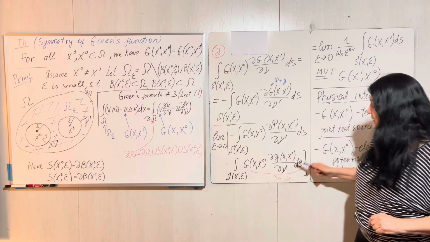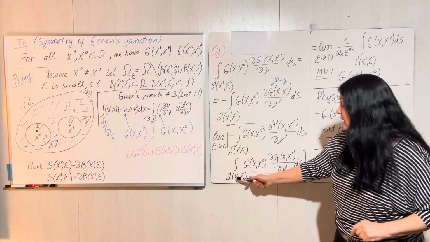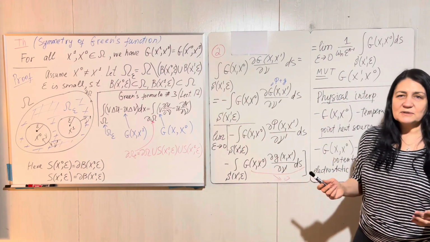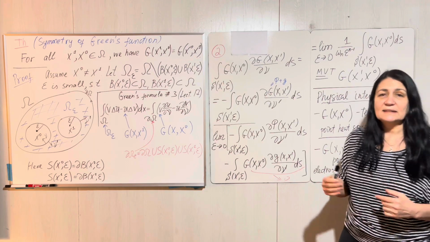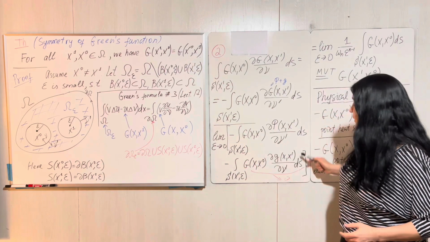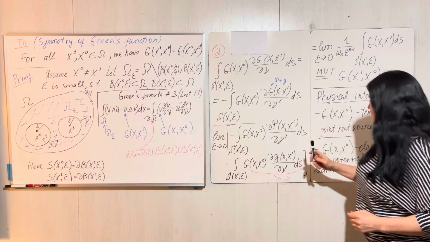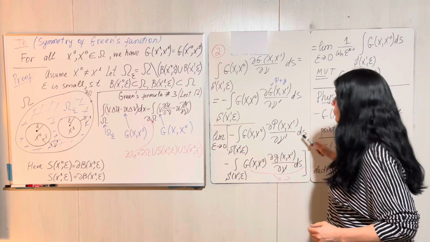So it will be a constant times the surface area, and the surface area of the sphere of radius epsilon depends on epsilon, and as epsilon goes to 0, this whole integral will go to 0 as before. So now we just need to concentrate on the first integral.